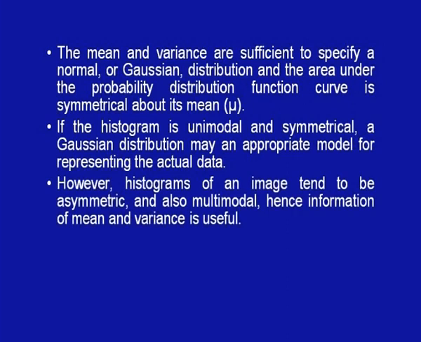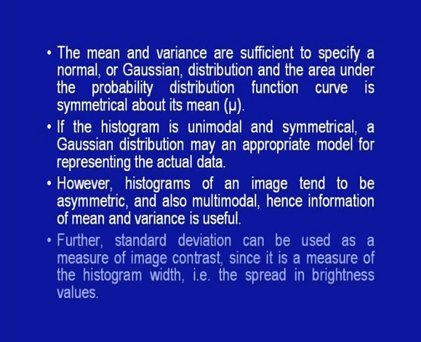However, histograms of an image tend to be asymmetric and also multimodal in nature, and hence information about mean and the standard deviation is useful to the analyst. Further, standard deviation can be used as a measure of image contrast, since it is a measure of the histogram width, that is, the spread in the brightness values.